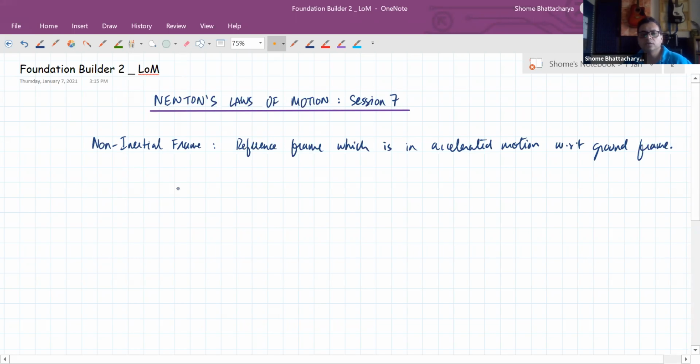And any body in a non-inertial frame experiences a pseudo force due to the combination of two factors, the inertia of the body and the acceleration of the frame. It experiences a pseudo force given by the formula.